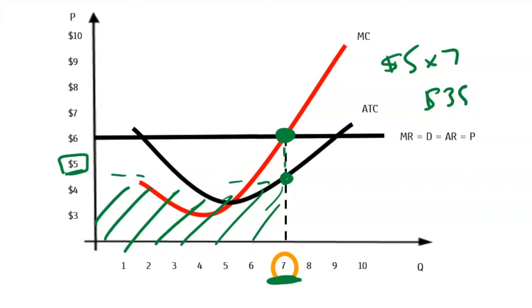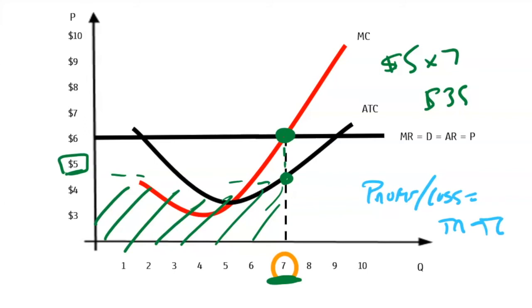Well, then where's the profit on this graph? So our profit, and we'll do this yet again in light blue, right? Our profit or a loss is just our total revenue minus our total cost.